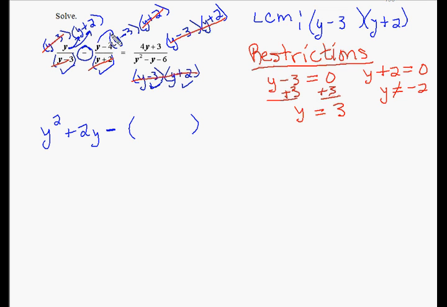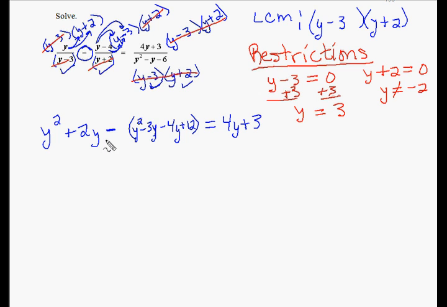Multiply it out very carefully, and you'll have y squared minus 3y minus 4y and add 12. Then we have our equal sign, and all of this has been reduced, so that just leaves us with that 4y plus 3.